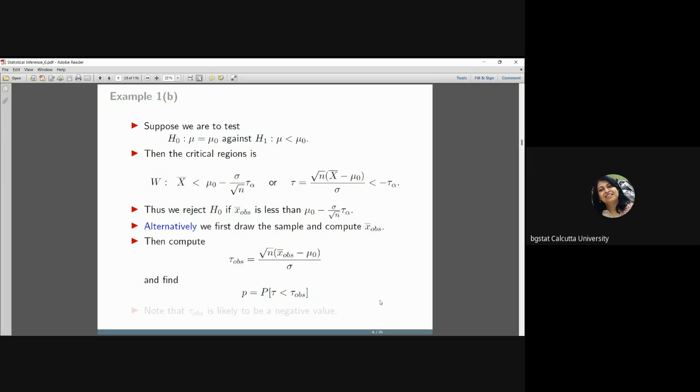Or you can equivalently say that the critical region in terms of tau is that root n times x bar minus mu naught by sigma is less than minus tau alpha. So you have to take the mu naught to the left side and multiply by root n by sigma. Then you can see that the two statements are equivalent.